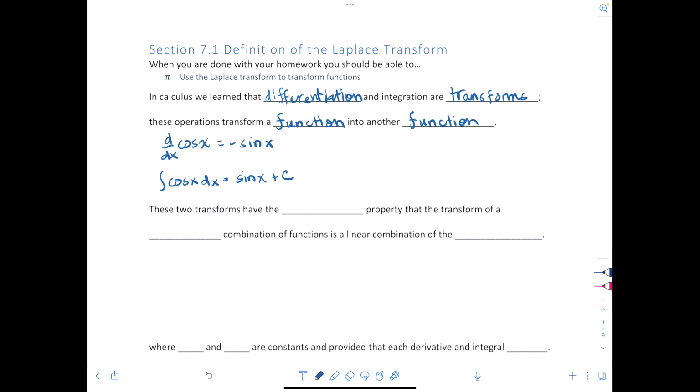These two transforms have the linearity property, that the transform of a linear combination of functions is a linear combination of the transforms.